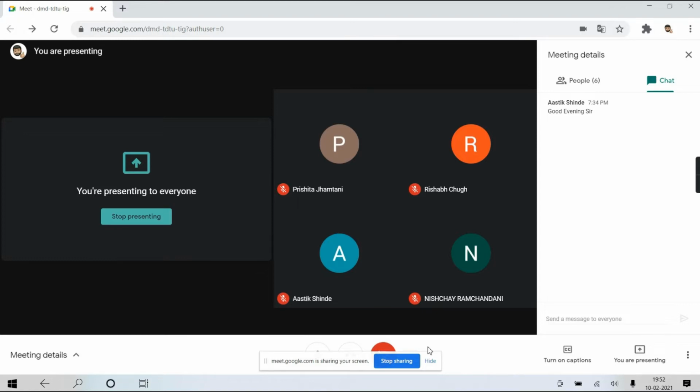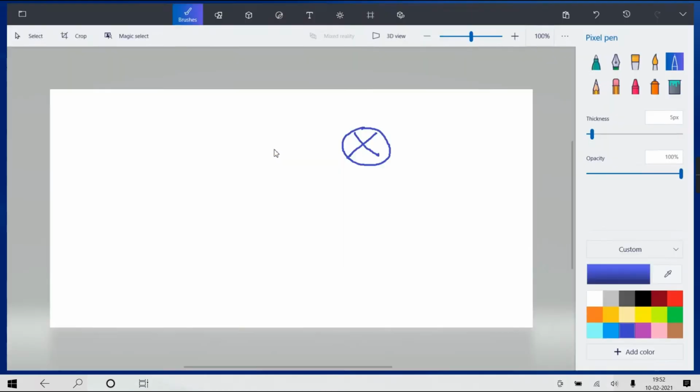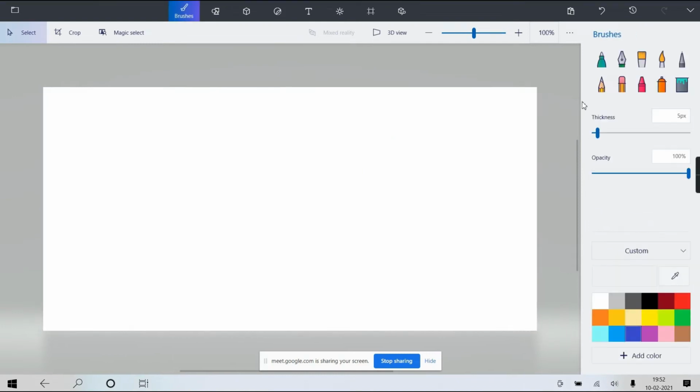Let's see which was the first question I took for you. Simple, it was addition of two numbers, right? So can we draw it? Now I'm drawing it in Paintbrush, and I don't know how accurate I'll draw, because I'm not drawing it on a whiteboard.